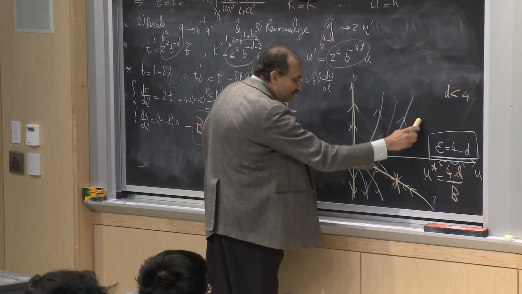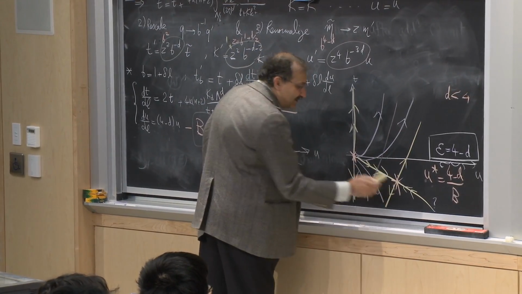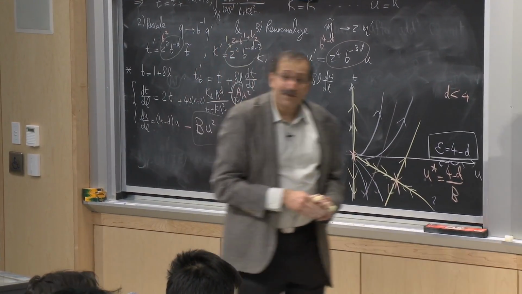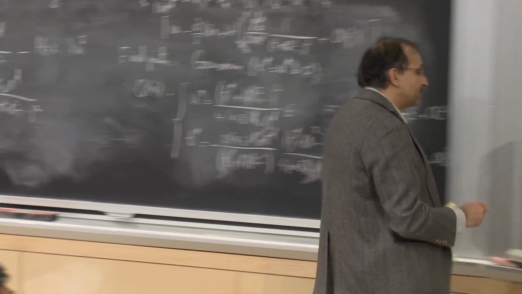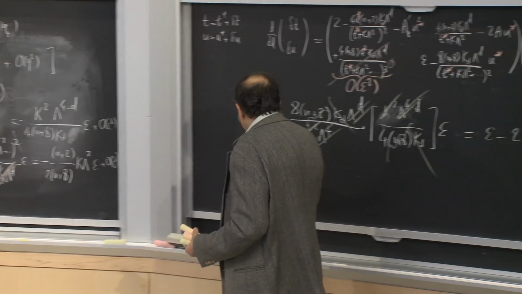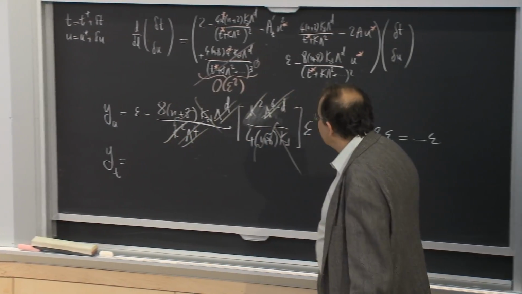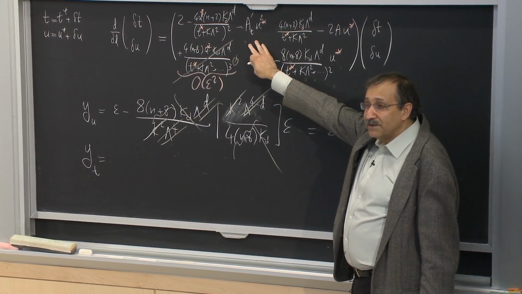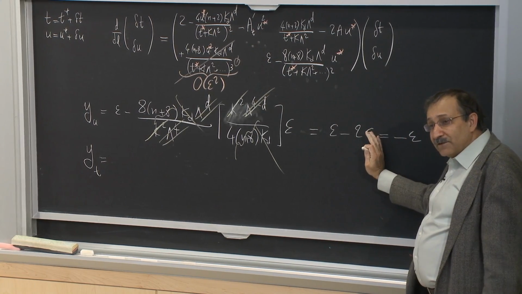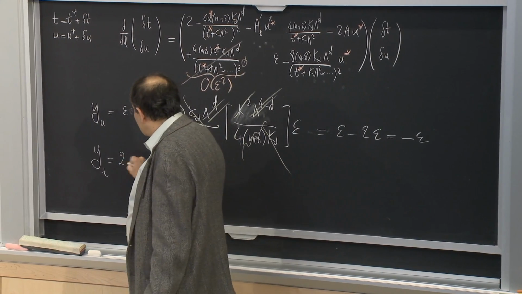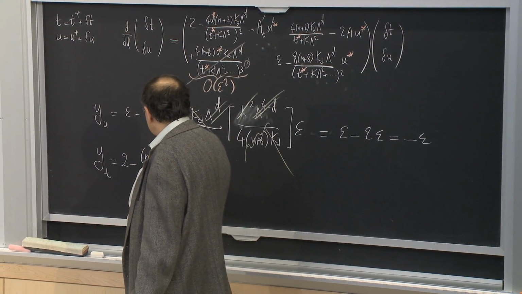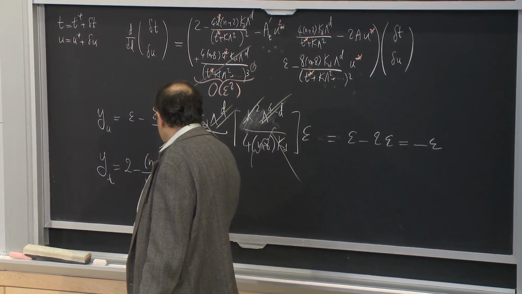There is this relevant direction that is left, which is a slightly shifted version of what my original t-like direction was. And you can calculate yt. So you go to that expression, do the same thing that I did over here. You find that at the end of the day, you will find 2 minus (n plus 2) over (n plus 8) epsilon.